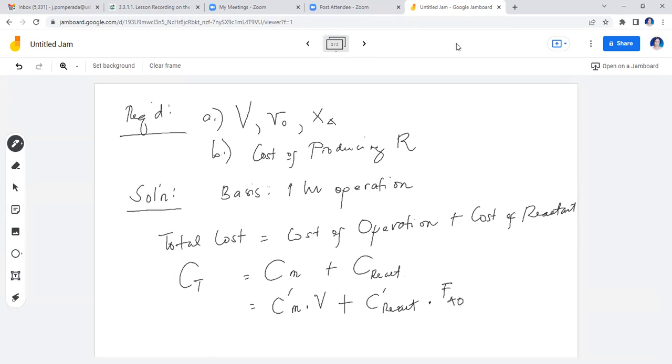This is mole per hour already, the unit of this one. So you will have C prime react times the molar flow rate of A.